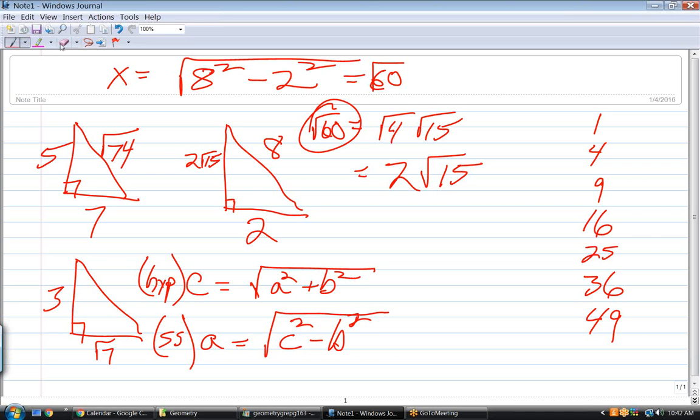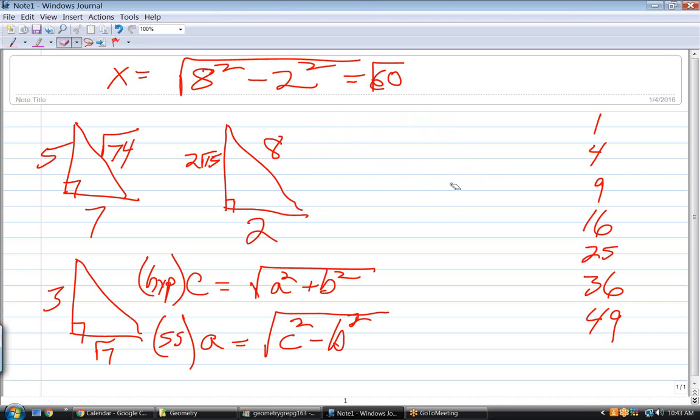So you have to be able to simplify these, and that's a big step because notice all of our answers are going to be square root of something. So being able to simplify radicals is huge in terms of mastering this stuff.